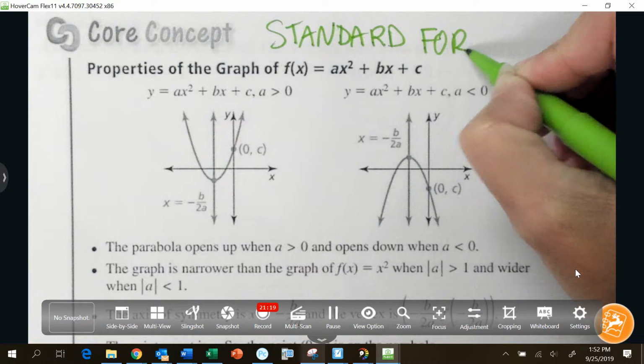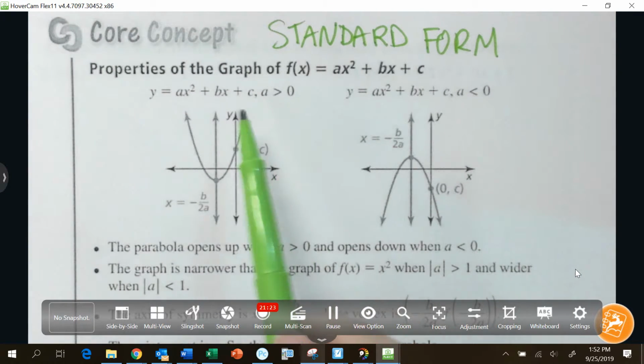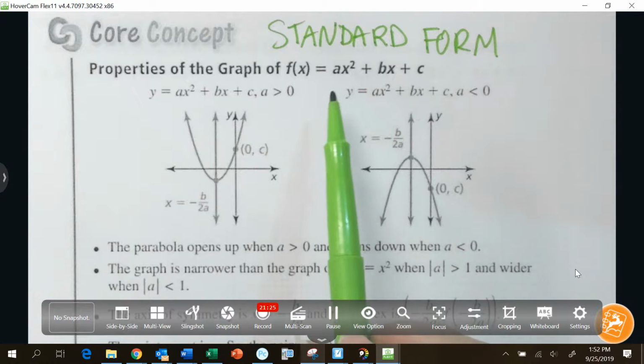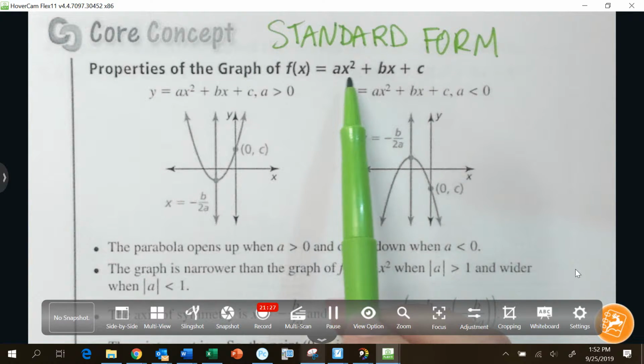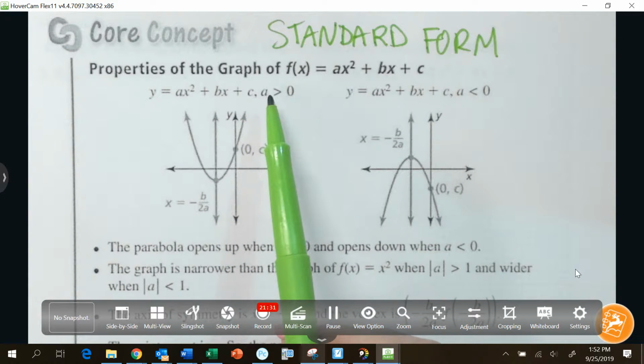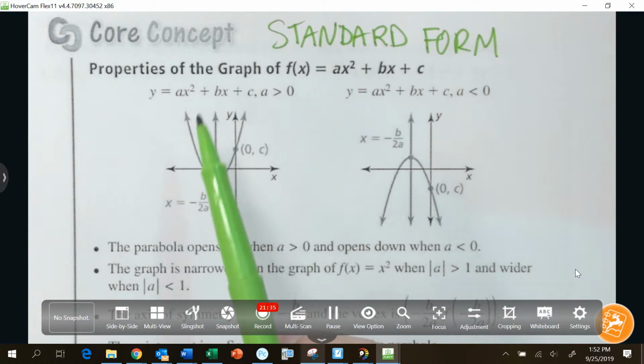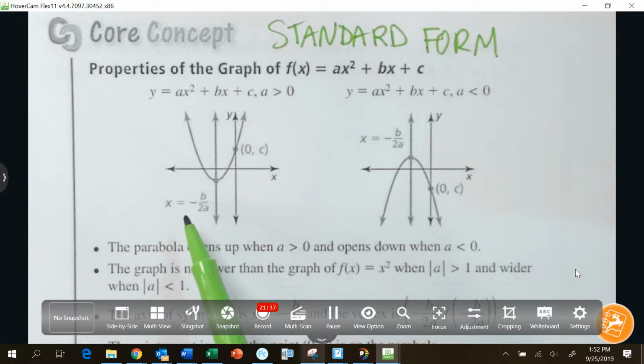But we just went over it. This is just a summary of everything for standard form. Standard form is ax squared plus bx plus c. Here, if the a value is positive, it's going to open up. The axis of symmetry will be x equals negative b over 2a.